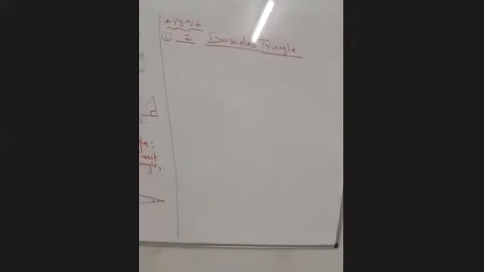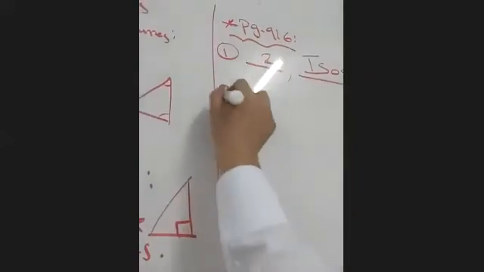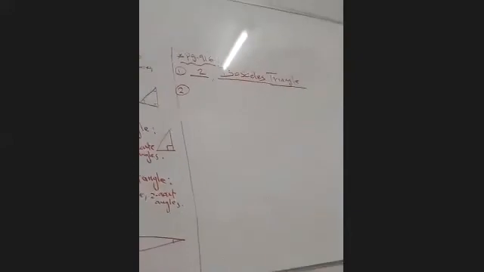We said here, if we have 2 congruent sides, we call it isosceles. So in the second space, you write isosceles triangle.